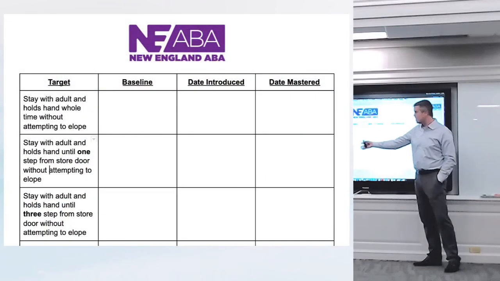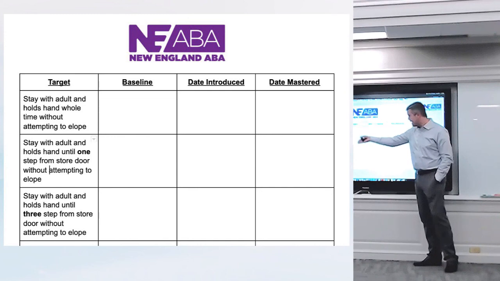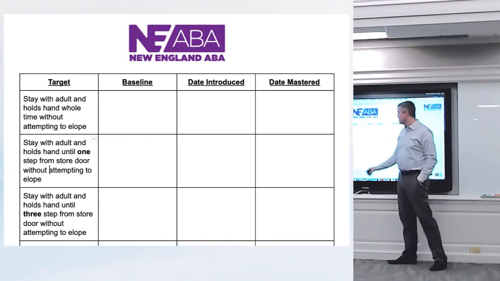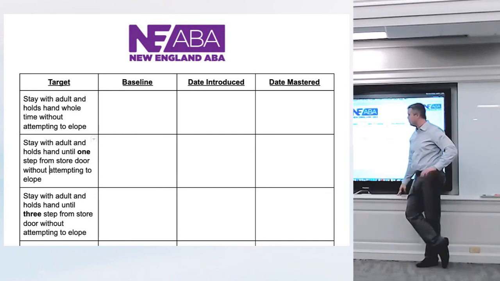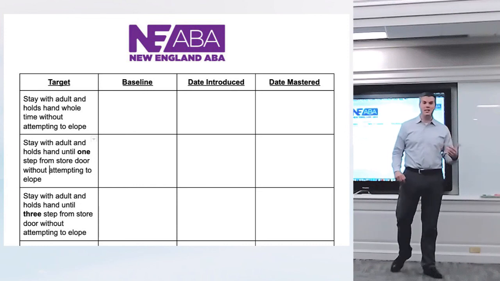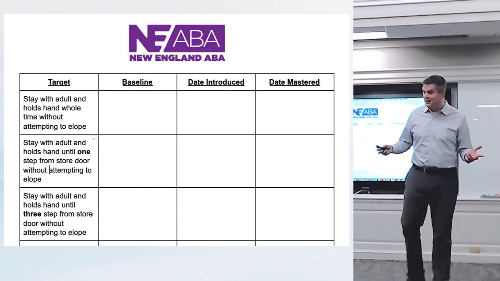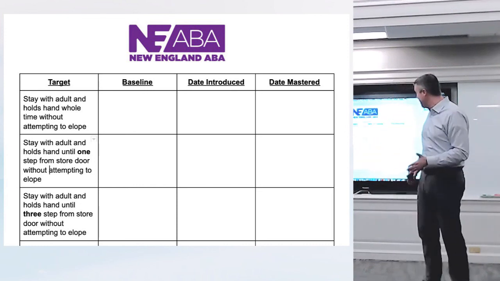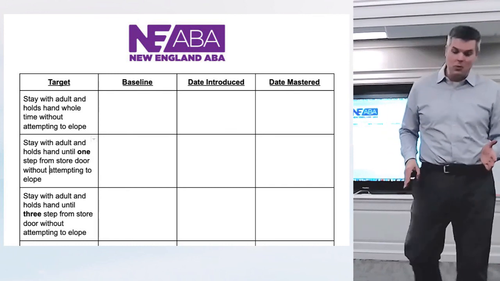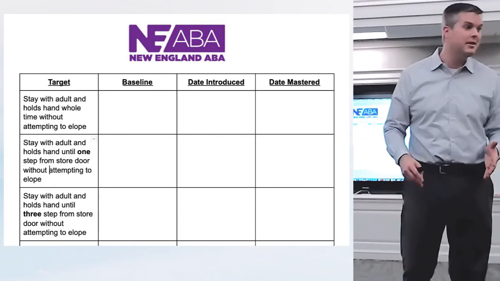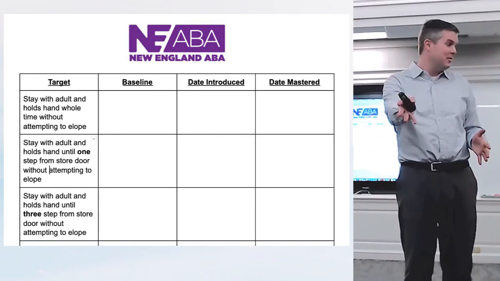There is a breakdown of this on the other side. You can break this down as well. Staying with the adult, holding hands the whole time, and then I have 1 step from the door, 3 steps from the door, using a similar example to crossing the street, right? You know, where you're staying with me the whole time, and then maybe we fade it to a little bit like we get to 1 step, and then you go on your own. 3 steps and you go on your own.